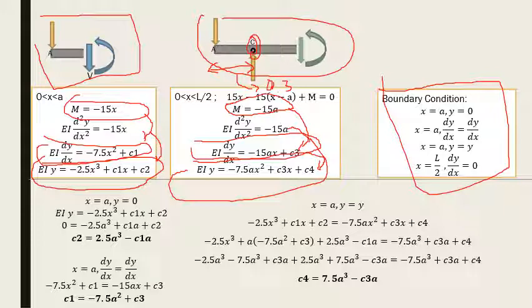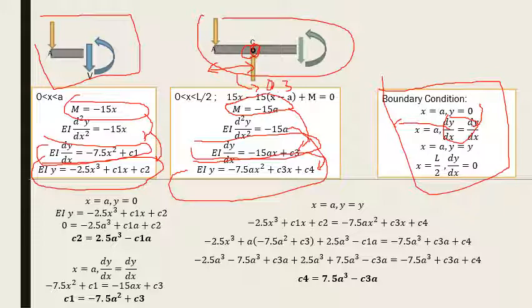When x is equal to a, dy/dx from the first part equals dy/dx from the second part. We can call these theta 1 and theta 2, so the slope is the same here between the part 1 and part 2 equations.